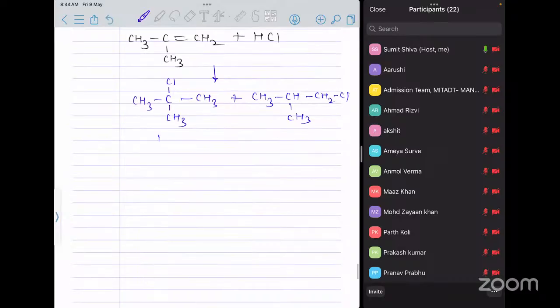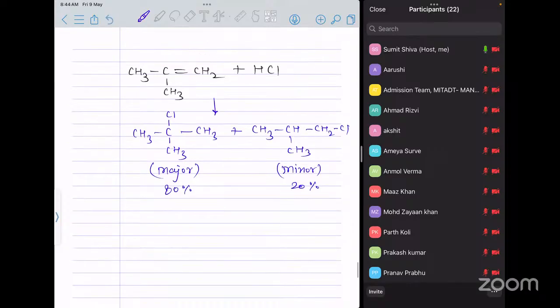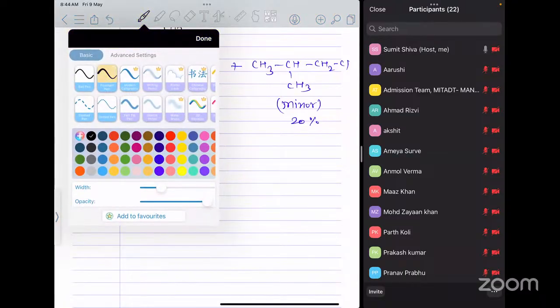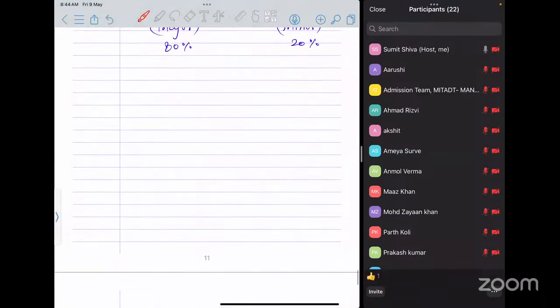In this case, this is the major product, this is the minor product. 80%, 20%. Understood or any doubt? Okay.